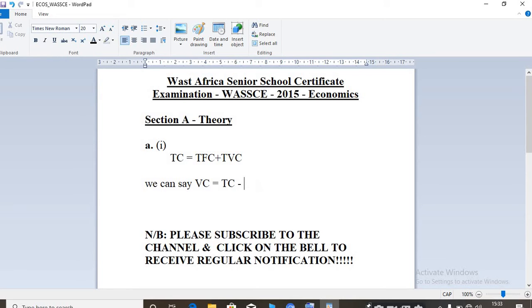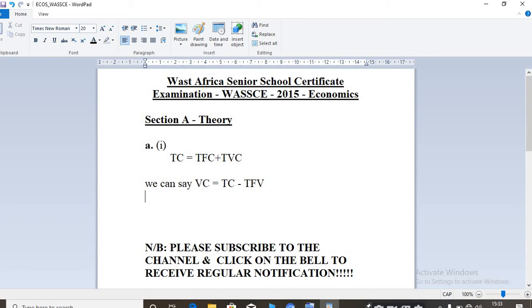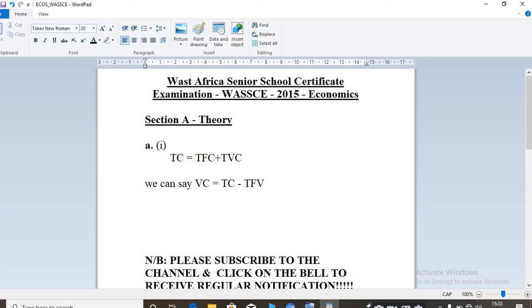So the total variable cost is equal to total cost minus total fixed cost. If you don't understand anything, kindly leave it in the comment section.